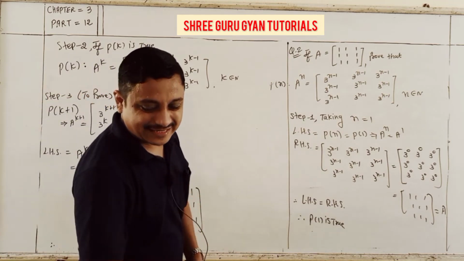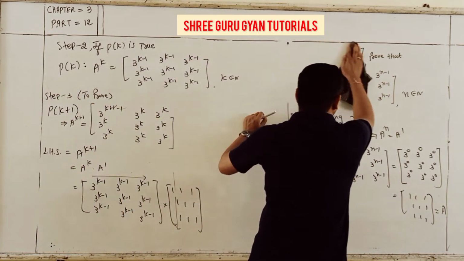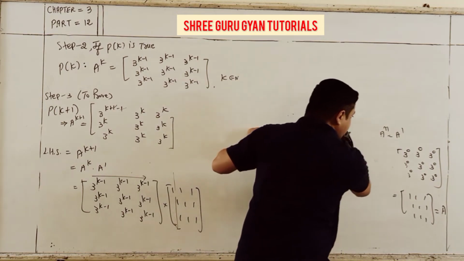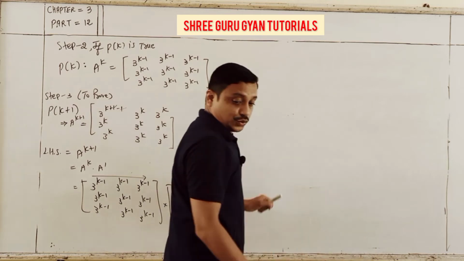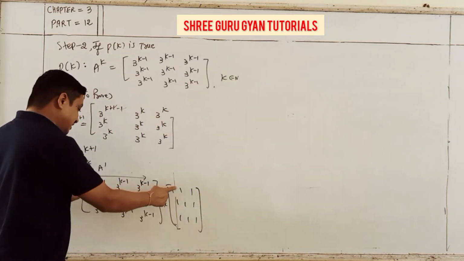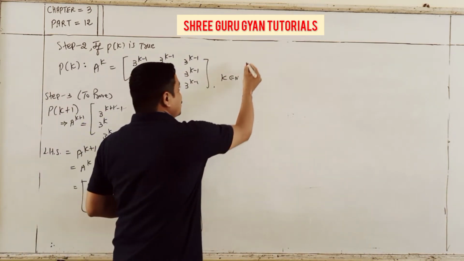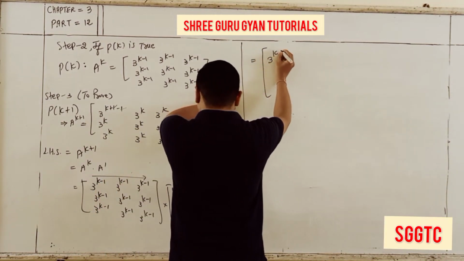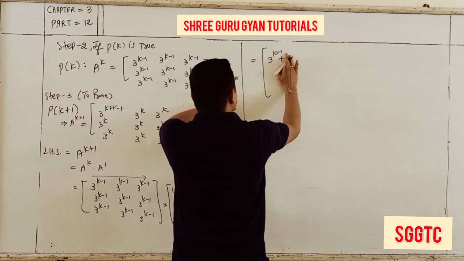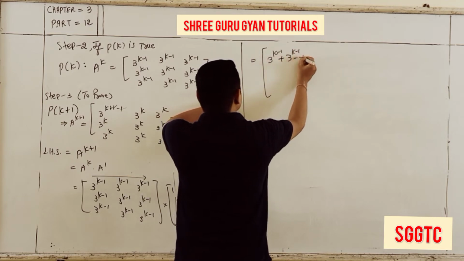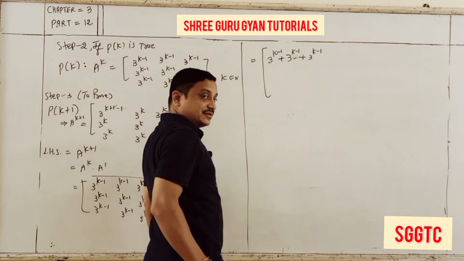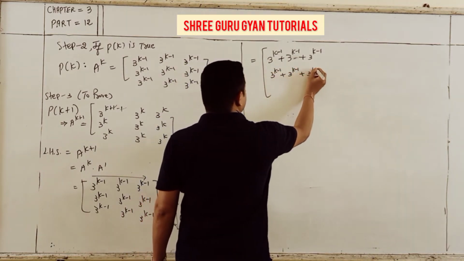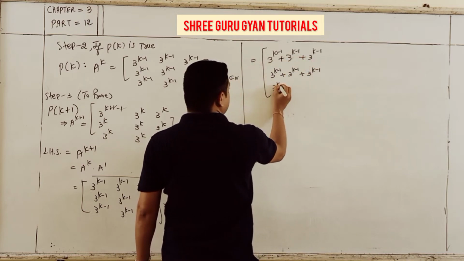Just simple as this, apply the product rule. Definitely it covers to your RHS part. So see that first with that, second with that, and third with that. So your RHS part is 3 raised to k minus 1 plus 3 raised to k minus 1 plus 3 raised to k minus 1. In total, all elements are the same, 3 raised to k minus 1.